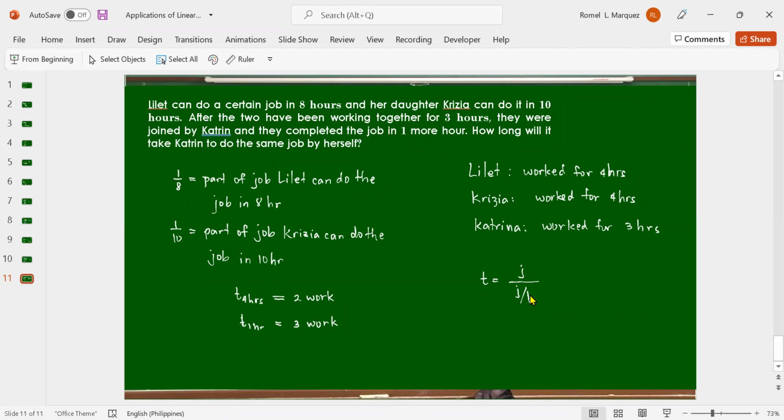Okay? Para maging time. Get it, guys? Yan yung hint, ha? O, sige. Ang total time to complete the job, 1. Kaya, paano magiging 1 yan? The whole job.